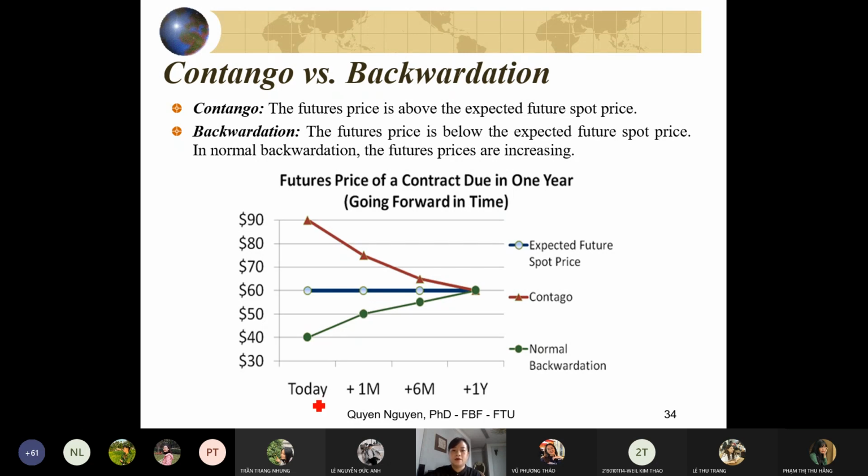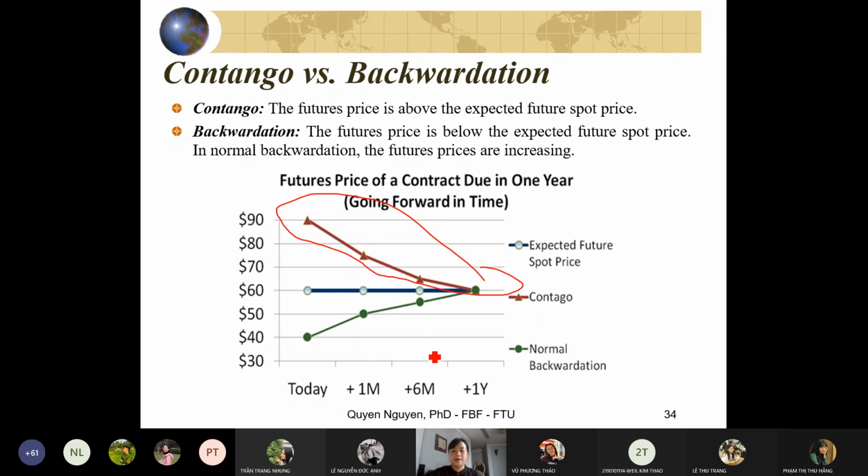Okay, so as you can see, we have the red line represent the contango trend. Basically, contango means future price is above the expected future spot price. So basically, we compare between the two prices.